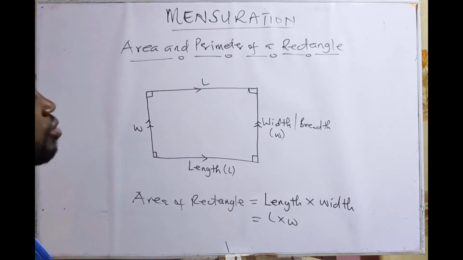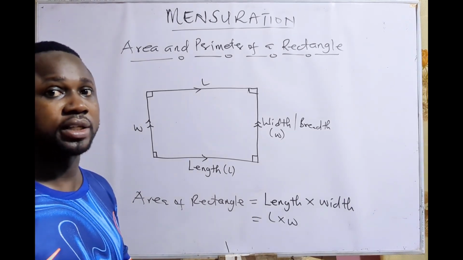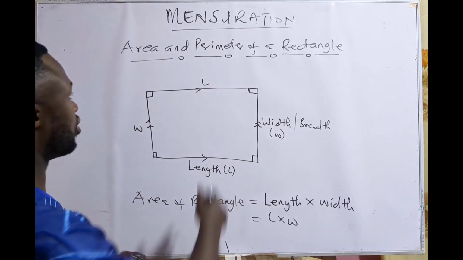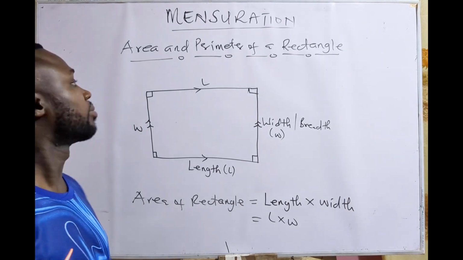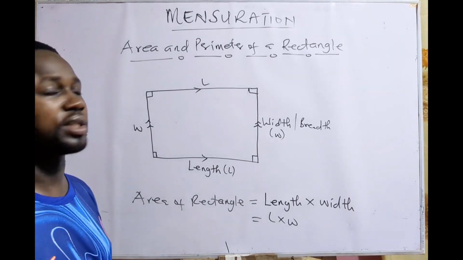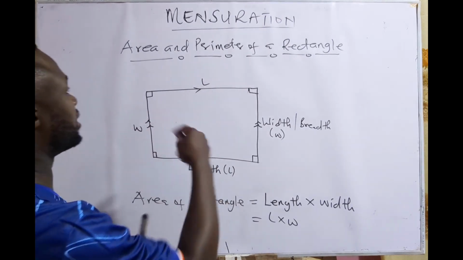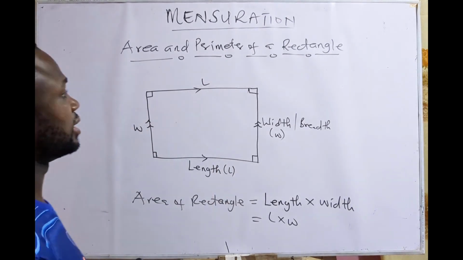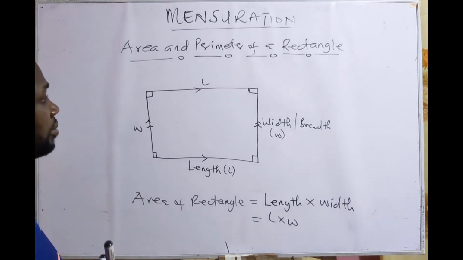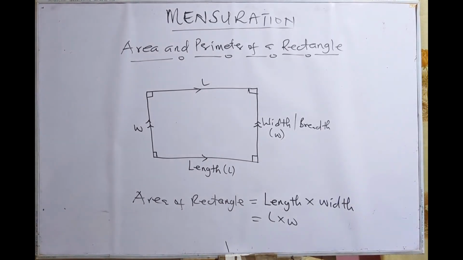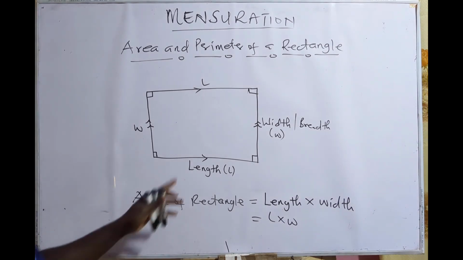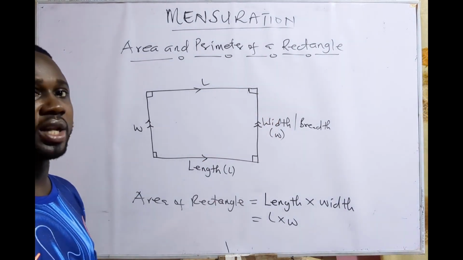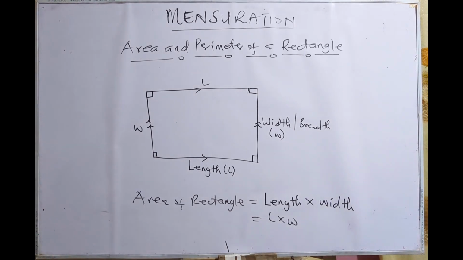The opposite sides are parallel and equal, and each interior angle is 90 degrees. So the area of the rectangle is length times the width, or the length times the breadth. Then let's look at the perimeter.